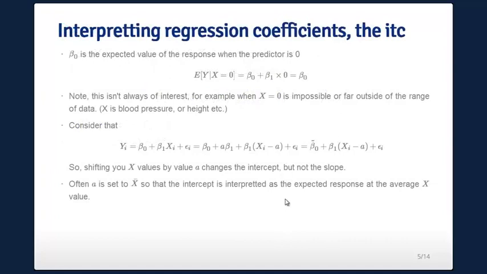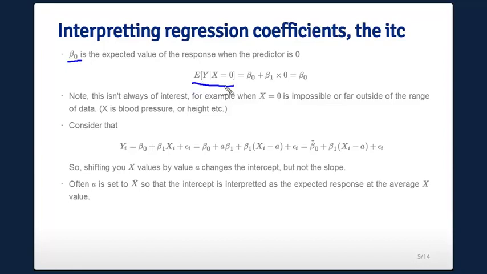So this helps us interpret some of these quantities, because I think part of the key of linear models and linear regression is that the coefficients are very interpretable. Take beta naught as an example. What is beta naught interpreted as? It's the expected response when the predictor happens to be 0.